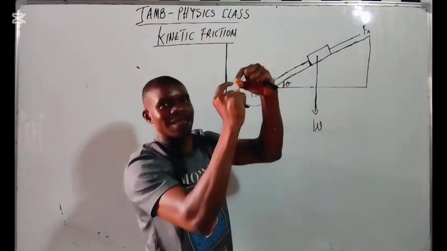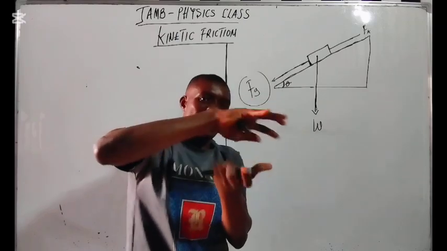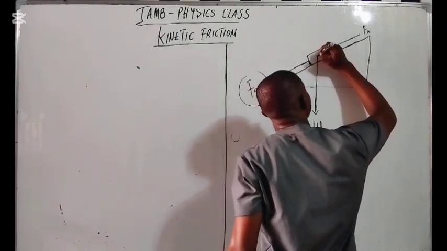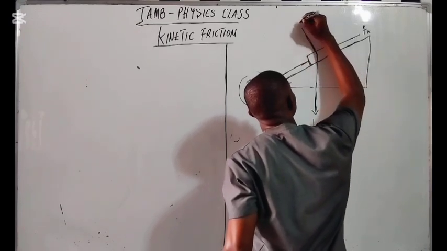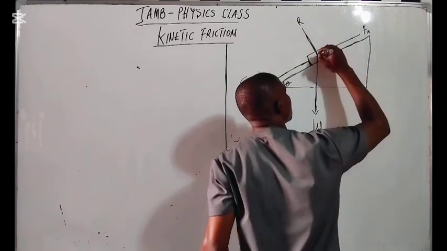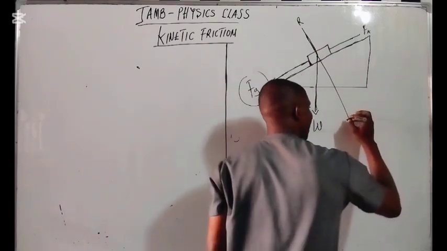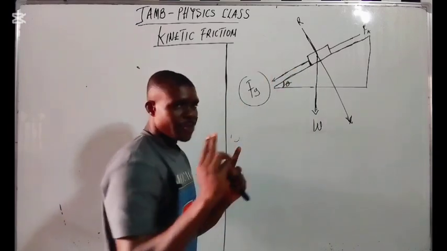So there's always a normal force that holds the bus and the inclined plane. That force is acting perpendicularly. It's called the reaction, or normal force.